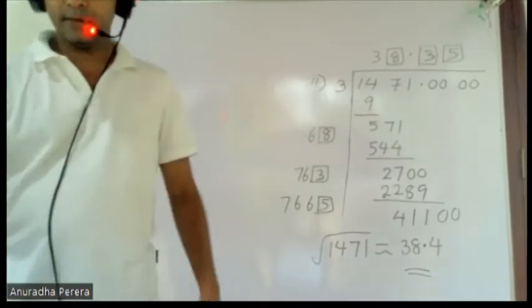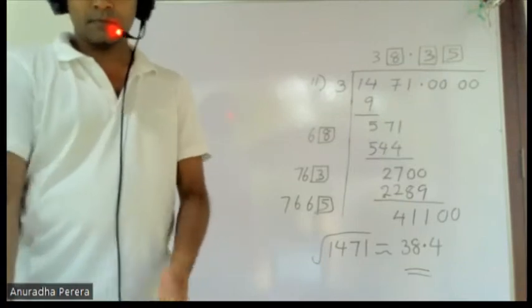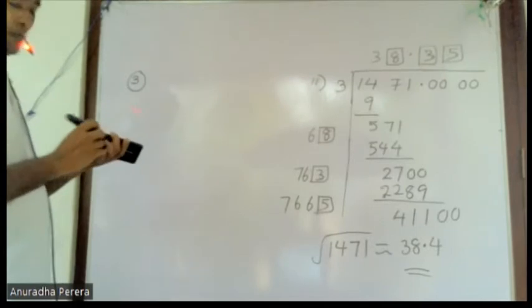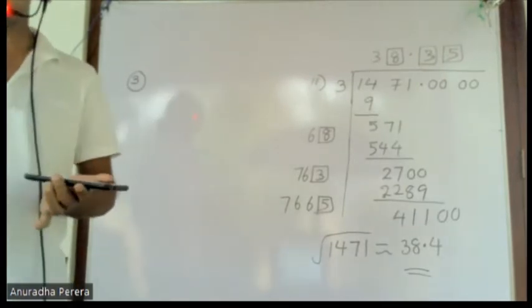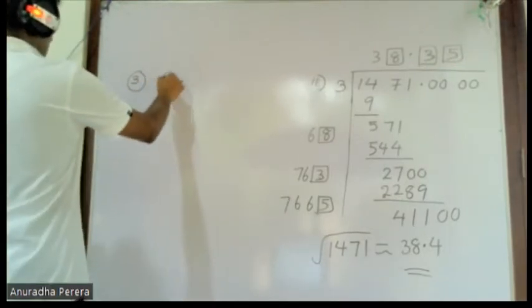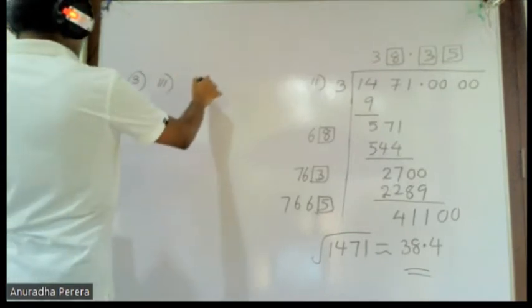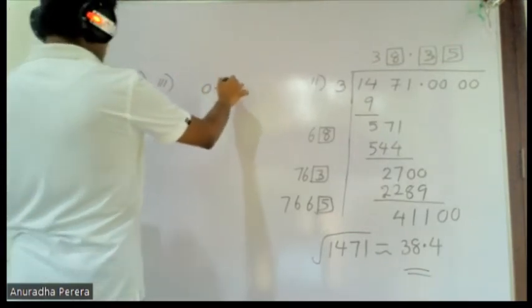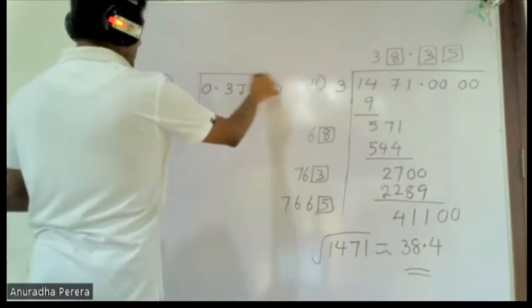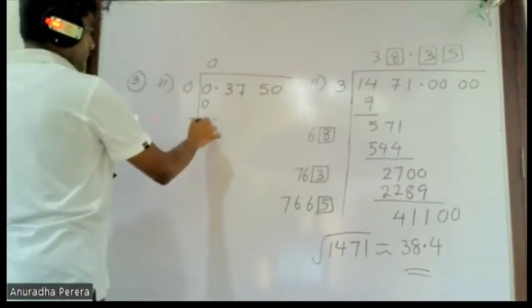Third question. Zero point 3750. Take the next pair.